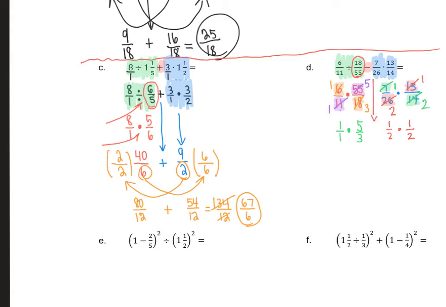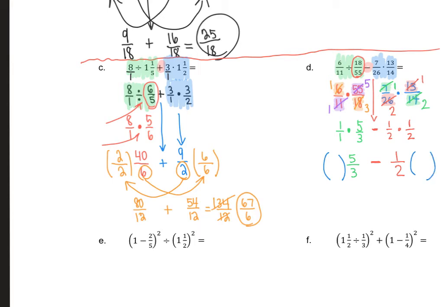If I bring down the sign, I'm still subtracting. So now I need to do the multiplication. So I have 1 times 5, which is 5, 1 times 3, which is 3 on the bottom. The one to the right is 1 times 1, which is 1, 2 times 2, which is 2. And again, I'm subtracting. I can't actually do the subtraction yet because I don't have like denominators. So now this is the same process.